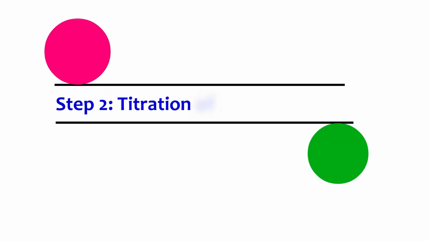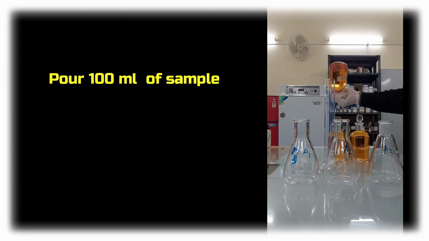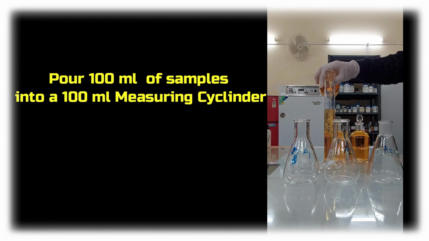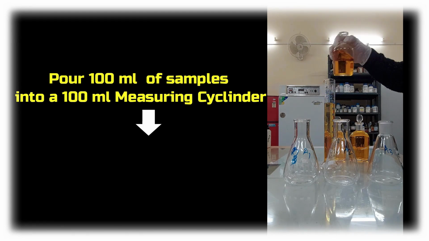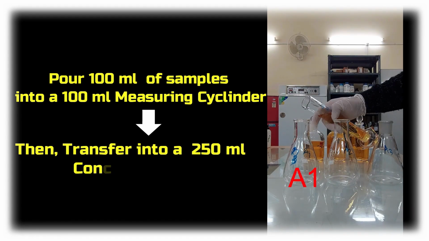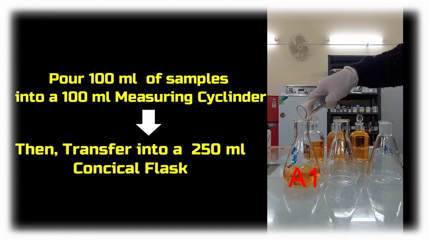So once your DO has been fixed, the next step is the titration of the water samples. Before titration, first pour 100 ml of sample into a 100 ml measuring cylinder. Then transfer the measured sample into a 250 ml conical flask.